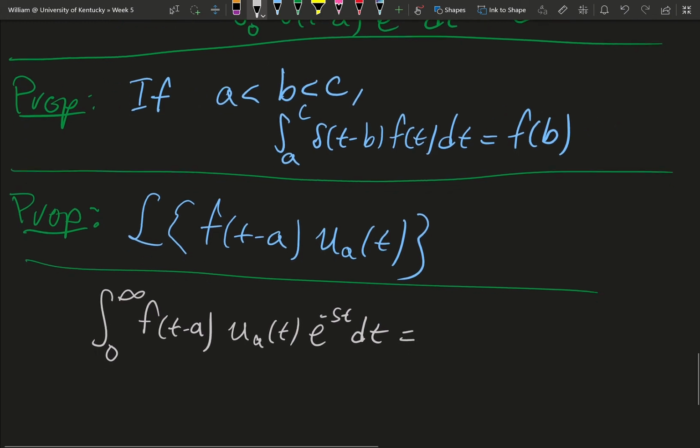So again, we're going to assume that a is greater than 0 here. Otherwise, you're going to get just the Laplace transform of f of t minus a.